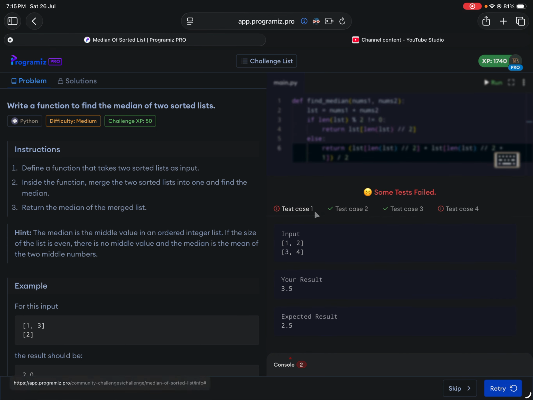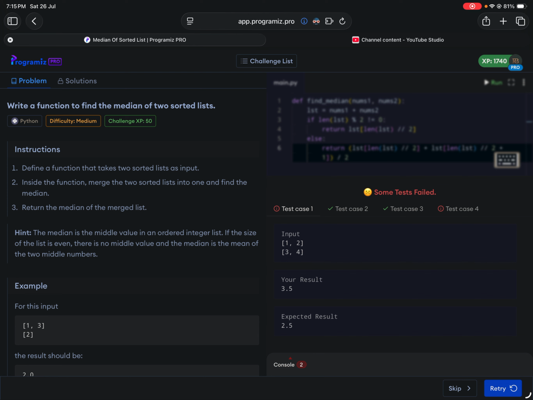Let's see. Why did this not work? This worked, that's fine. 3.5. Why did that happen? Floor division of 2 was what? 1, 2, 3, 4, we flattened it. Length was 4. The fourth thing was 2.